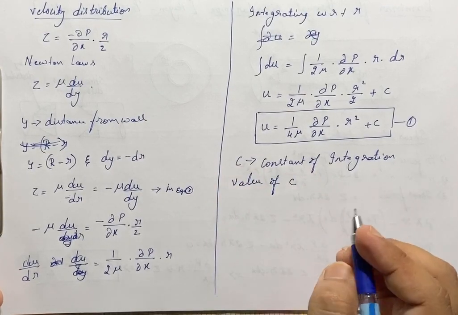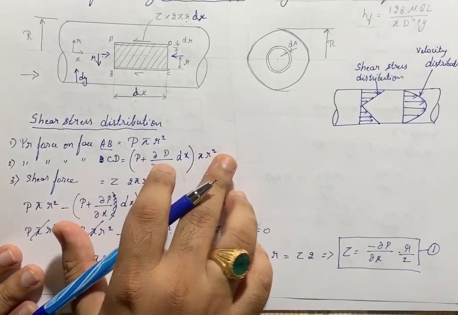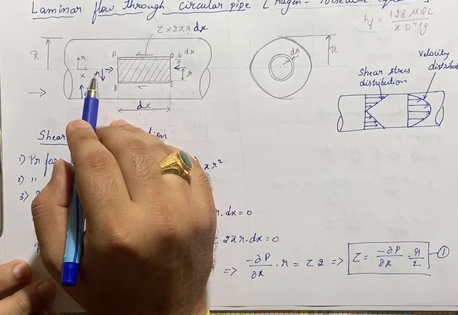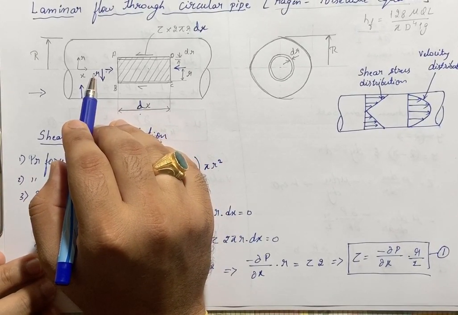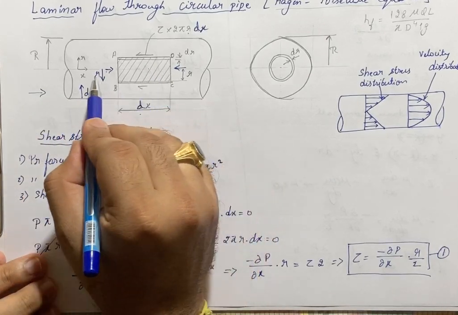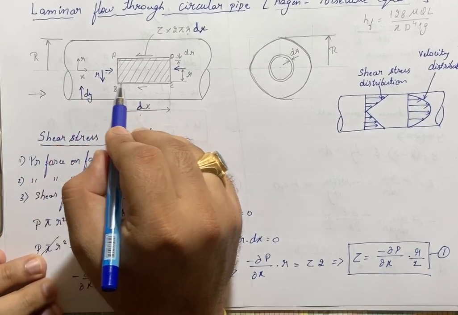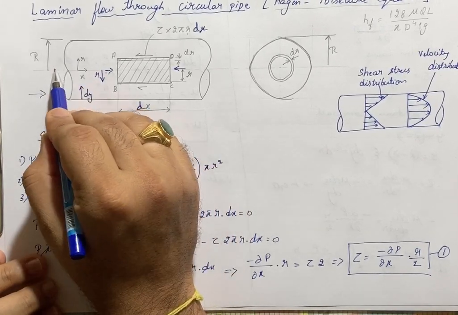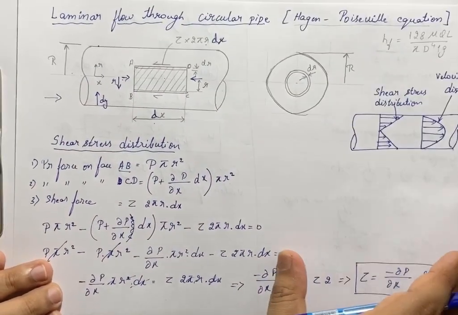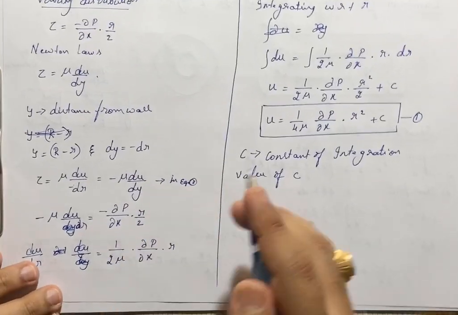Now to find out the value of c, see here what we have taken. First, at the boundary, the velocity u at r equals capital R. When we take this point, that is small r equals capital R, u becomes 0, right?